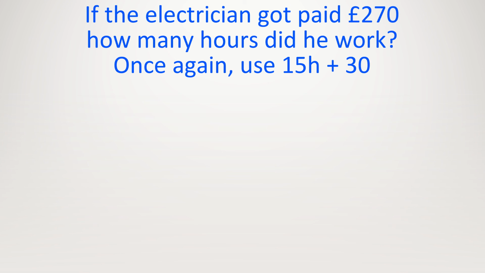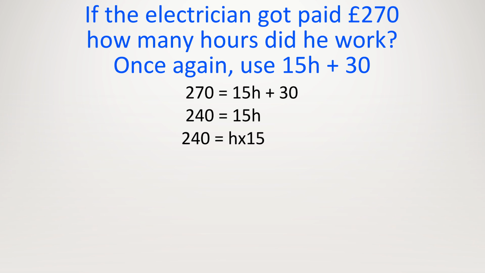The cost is 270. We write this on the left. 270 equals 15h plus 30. How to move plus 30 to the left? We do the opposite, minus 30. 270 minus 30 equals 240. We set this equal to 15h. What does this mean on the right? It is h times 15.